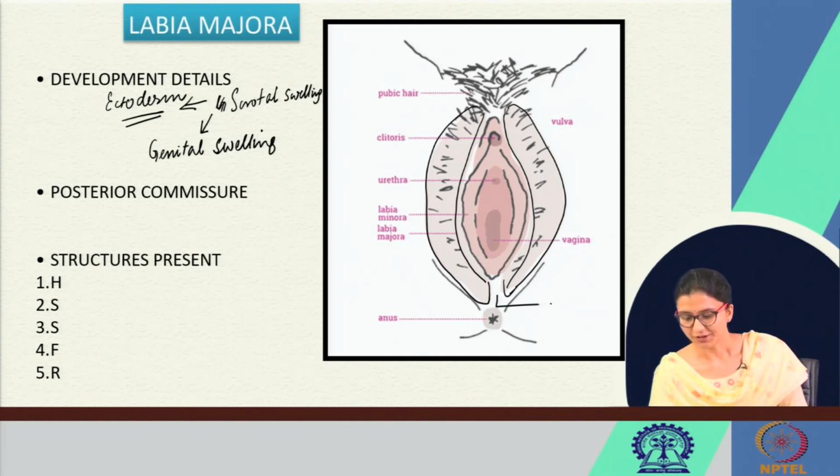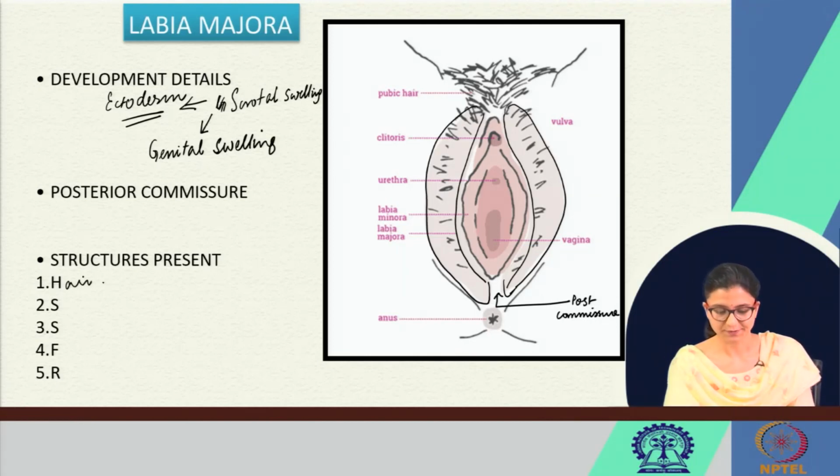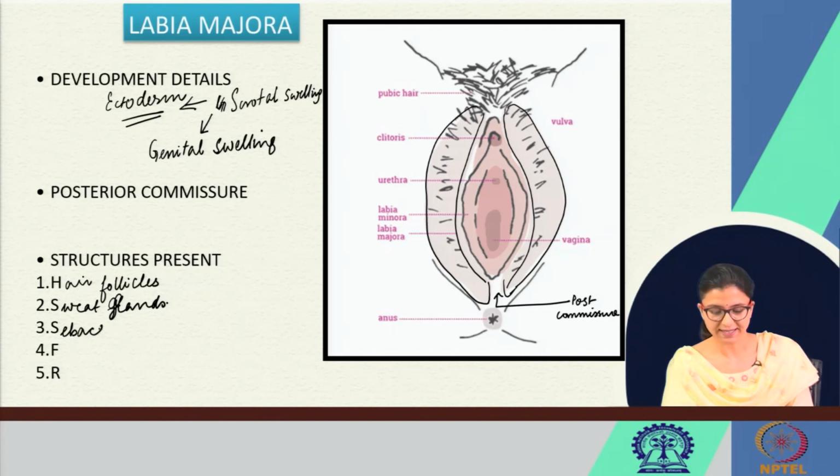The meeting point of the labia majora is known as posterior commissure. Anteriorly there is no such thing as anterior commissure. Posteriorly the name is posterior commissure. And the structures present within the labia majora are hair follicles, sweat glands or apocrine glands, sebaceous glands.